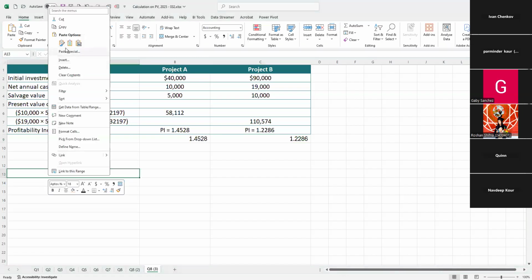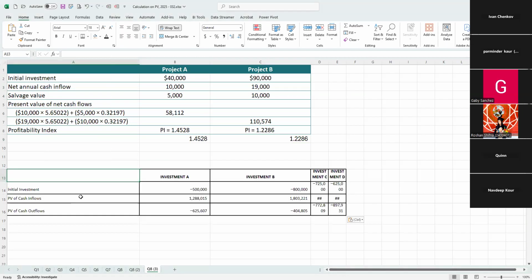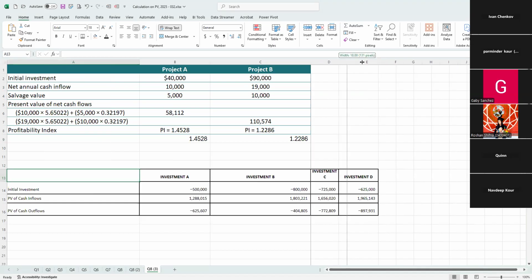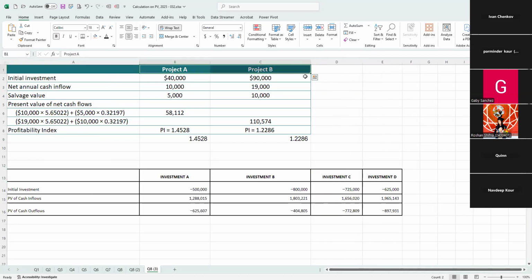Let's put this information here. So we have the four investments: project A, project B, project C and project D. I have the four projects.